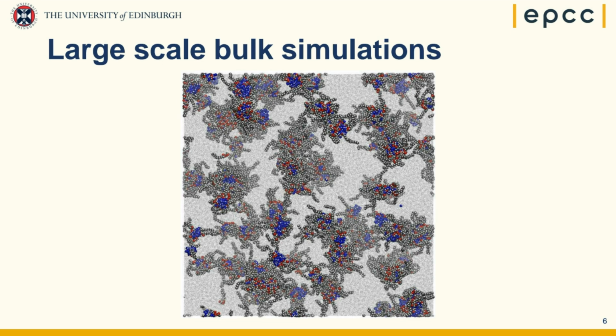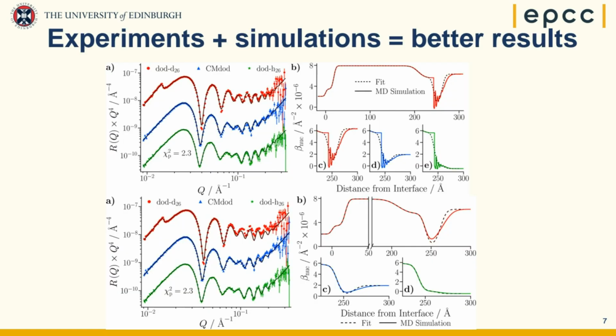So what we did then was we got in touch with the people at ISIS, Alexander Armstrong in particular. He ran a series of experiments on their neutron reflectivity apparatus, and we developed a method to improve the output of our simulation that better compare with the density profiles that they get from the neutron reflectivity experiments. I won't go into detail about these graphs. I just want to point out, especially the ones on the right, that the top one was before we developed our model.